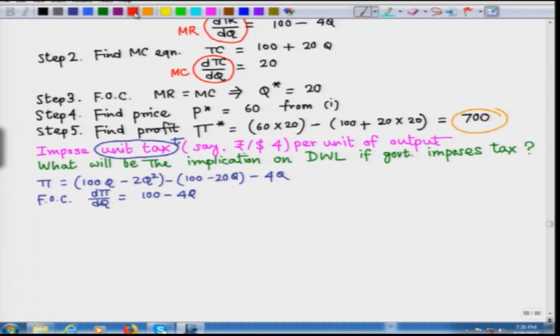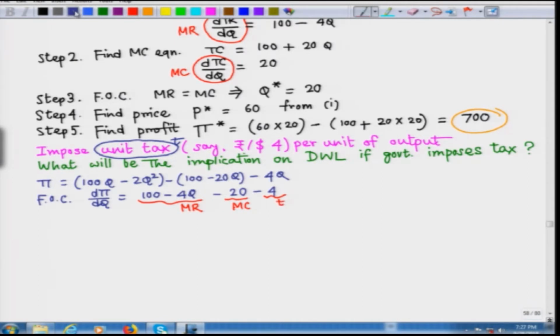If you remember, so this part is coming from the marginal revenue part, okay. And then there will be this marginal cost. So, marginal cost, and then finally 4 will come, and that is basically the tax element, right. So, this is basically the marginal revenue, and then this is basically the tax, right.